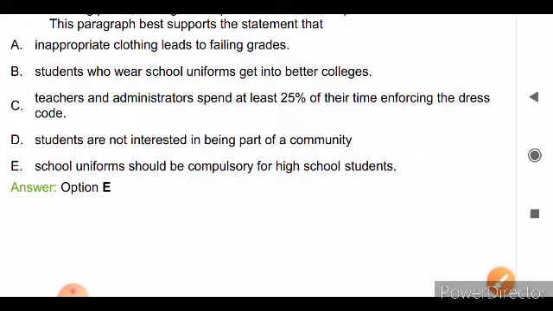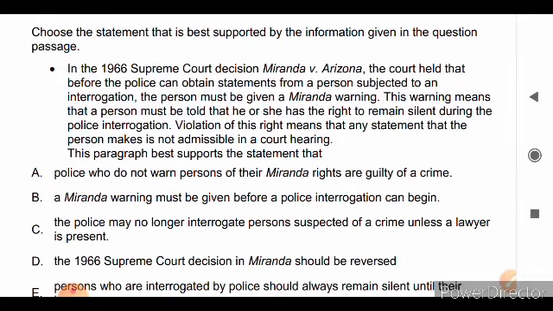Next question is: choose the statement that is best supported by the information given in the passage. So the passage is: in the 1966 Supreme Court decision Miranda v. Arizona, the court held that before the police can obtain statements from a person subjected to an interrogation, the person must be given a Miranda warning.